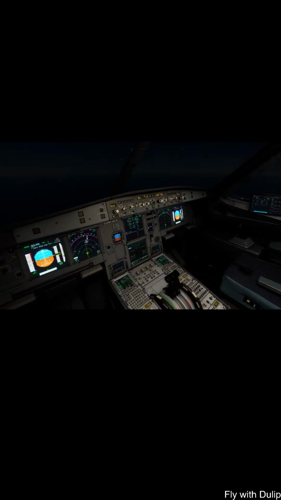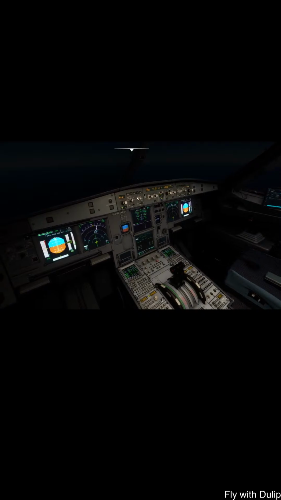Next to SriLankan 103, you are going below transition level, so you can descend to 10,000 feet on QNH 1011. Roger, SriLankan 103.